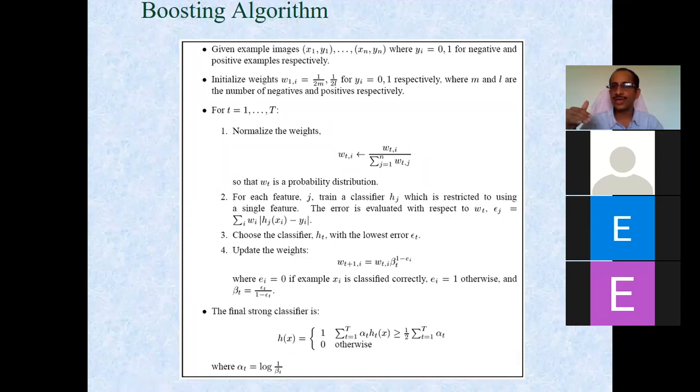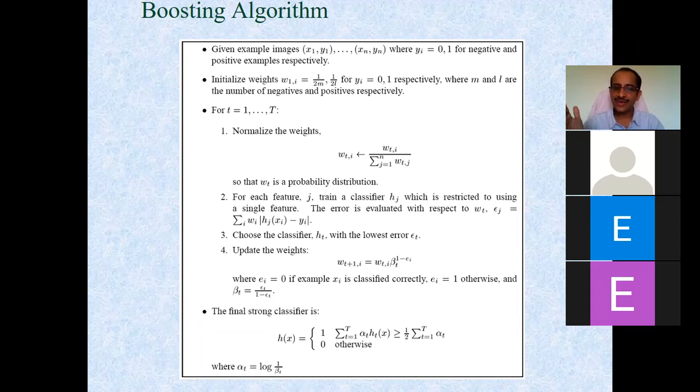That means you increase the weight. Initially, the first classifier is not able to classify a sample. So now you increase the weight for that sample, that image, when you try to classify with the second classifier, so that the image gets more focus. And that will be correctly classified by the second classifier.